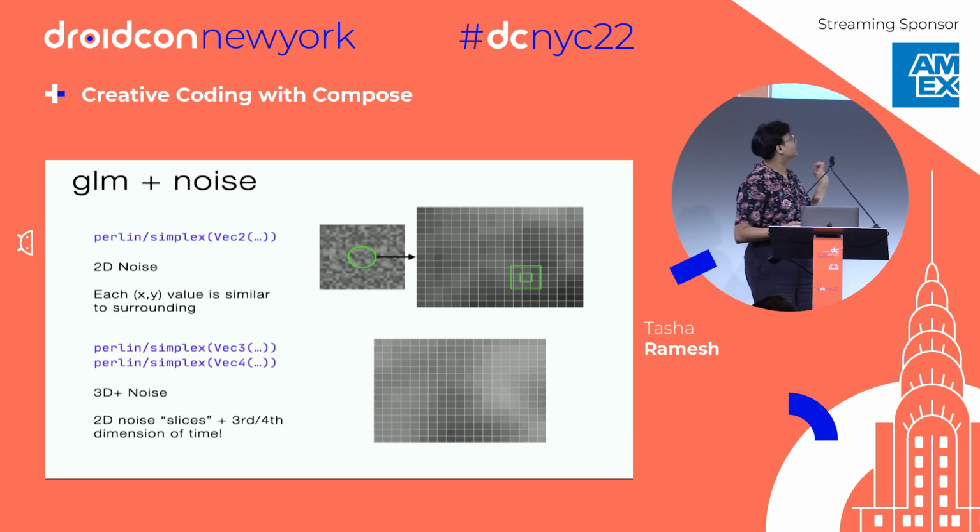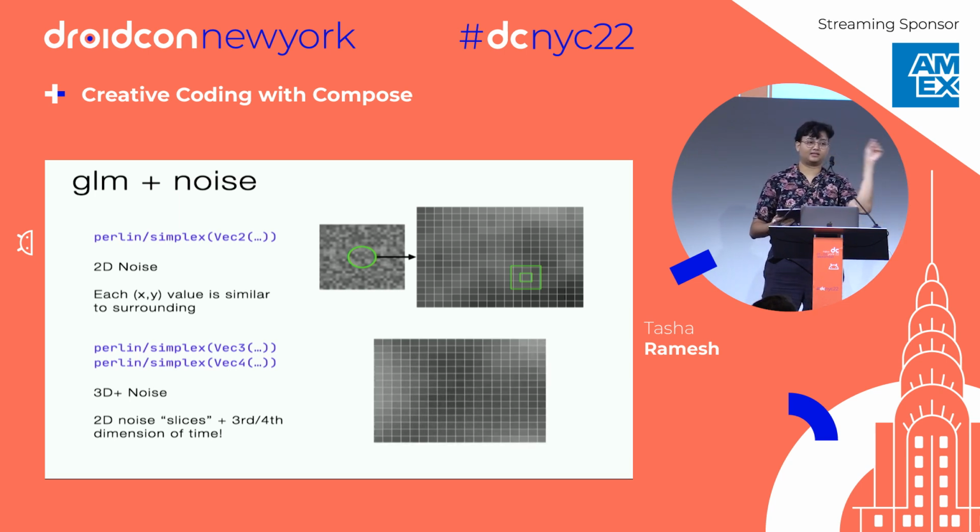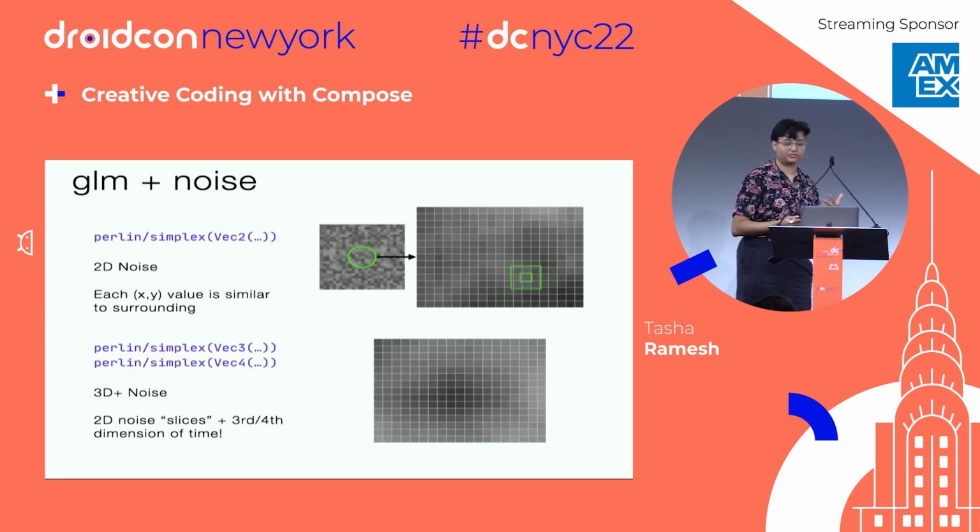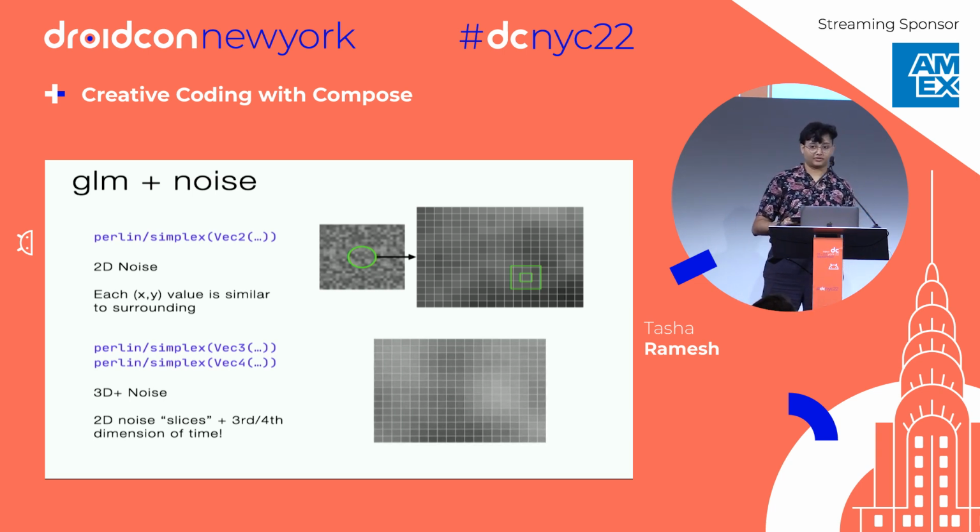The first overload takes in a vector of 2 items. So a 2-dimensional vector where you pass in x and y values. So you can think of 2D noise as this giant xy plane where any point in that xy plane has a noise value, and then points around that have similar values. So this is essentially how you would visualize 2D noise. The other 2 overloads are for 3rd and 4th dimensional noise.